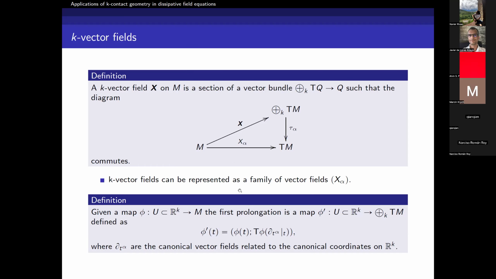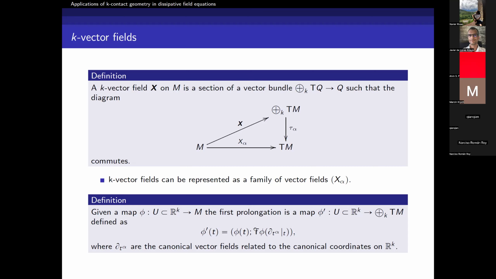Basically, if we have a map from some open set on Rk to the manifold, then we can lift it to a map from an open set to the direct sum of the tangents to the manifold. And it is lifted in the following way, as it is written here.